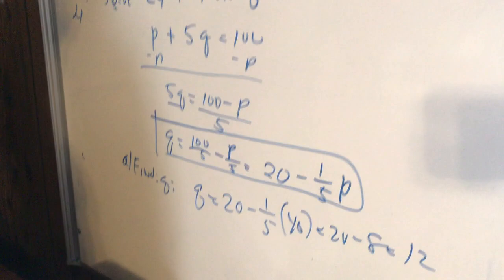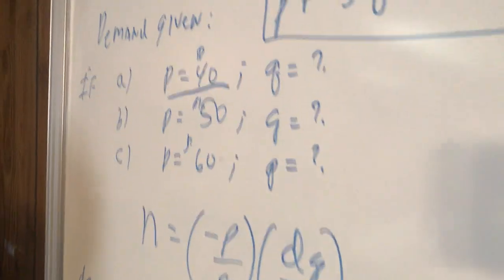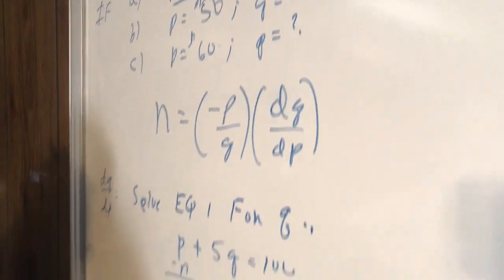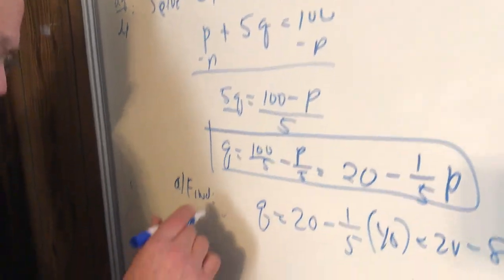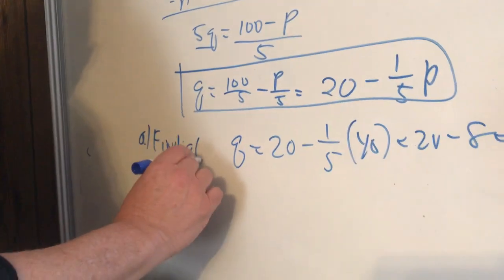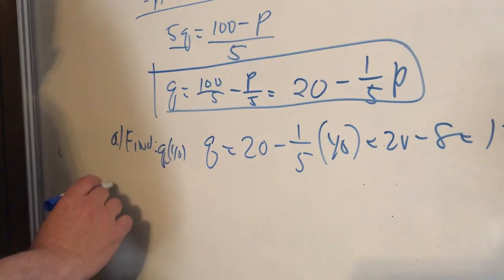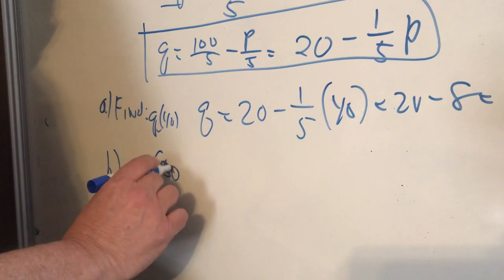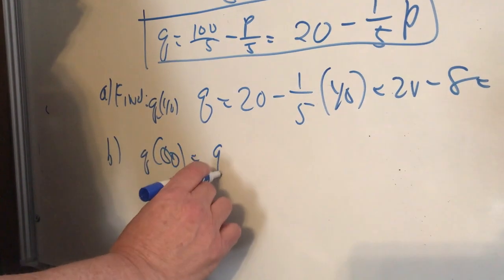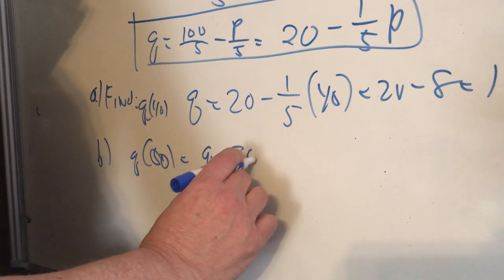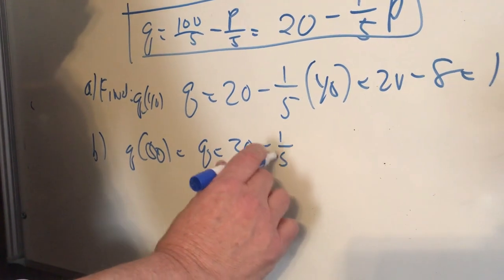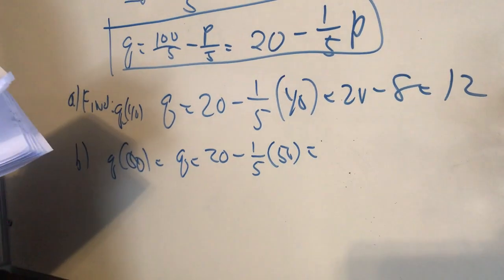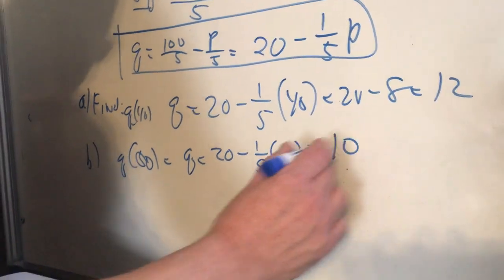So we can find our Q's for the other ones too. So let's say this is Q when P is 40. For B, I want to find Q when P is 50. That's going to be Q equals 20 minus 1/5 times 50, and that is going to come out to equal 10.